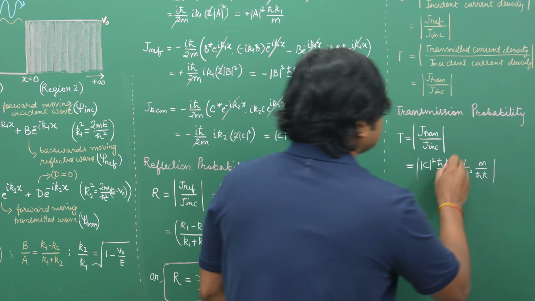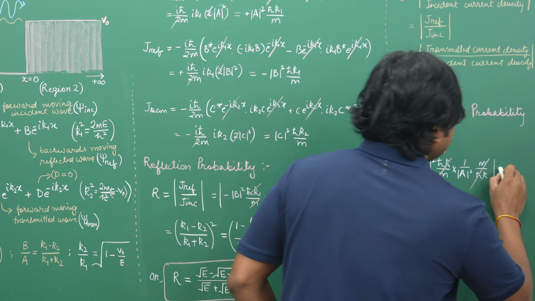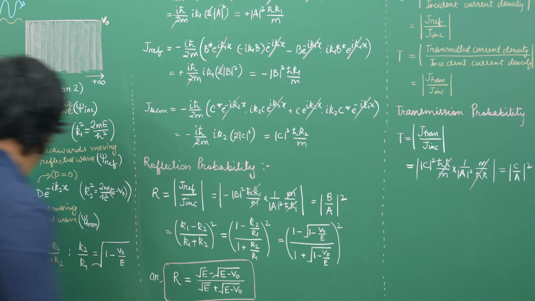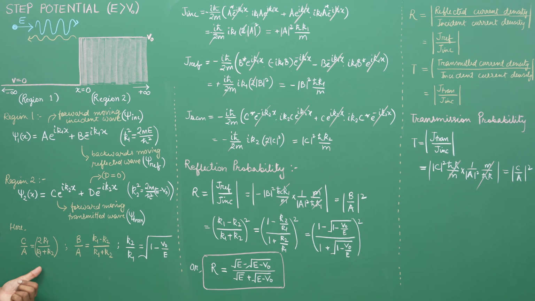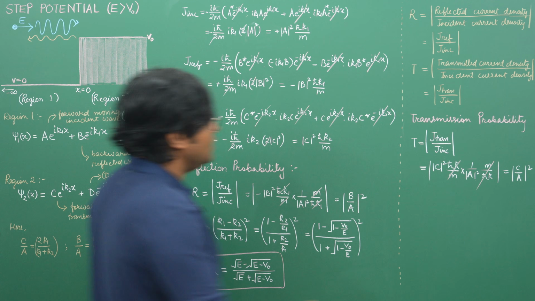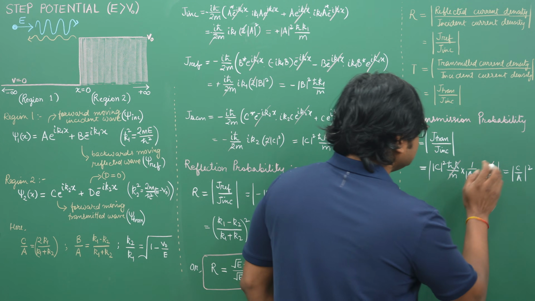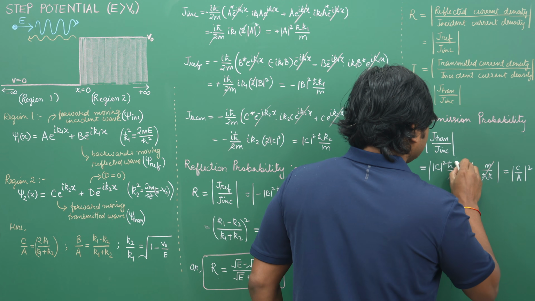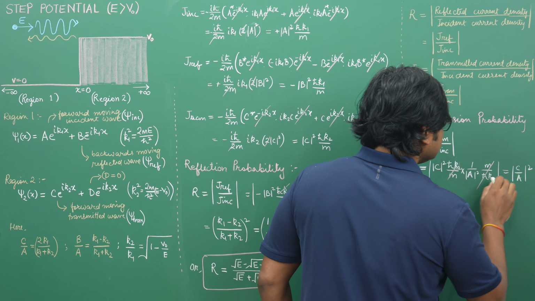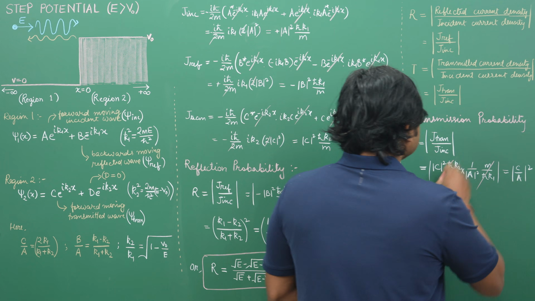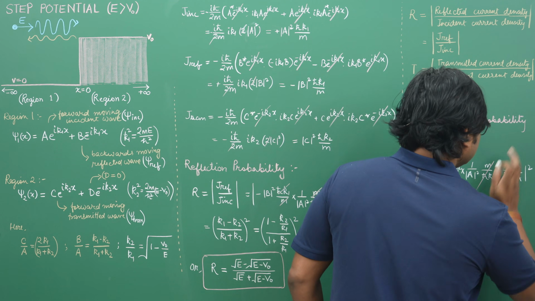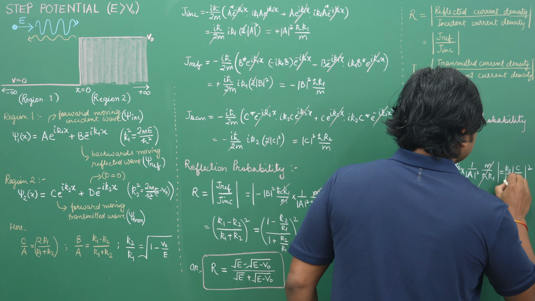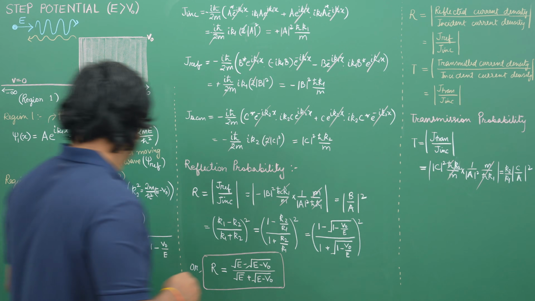Here these terms get cancelled and I am only left with C upon A mod square, which is nothing but what we obtained beforehand, 2k1 upon k1 plus k2. The k should not get cancelled, because this is supposed to be k2 and this is supposed to be k1. So only ħ upon m gets cancelled. So this should actually be k2 upon k1 times C upon A mod square, which is nothing but this.